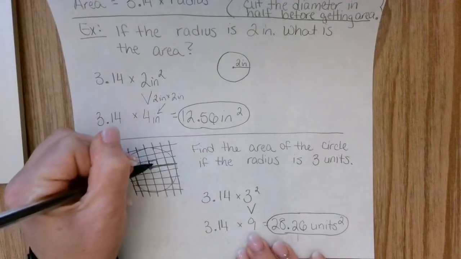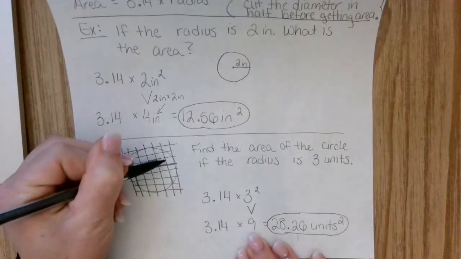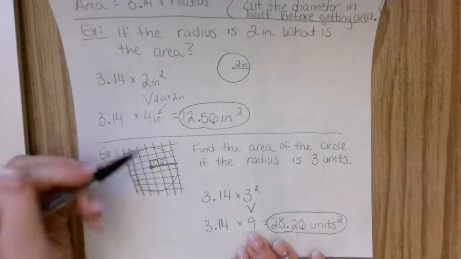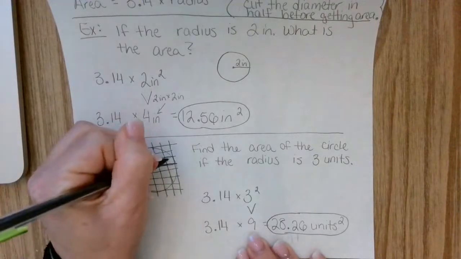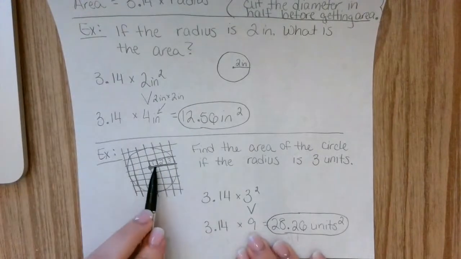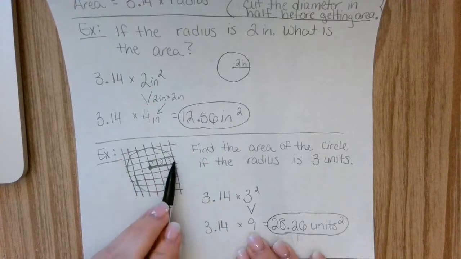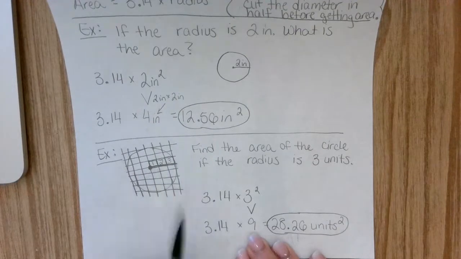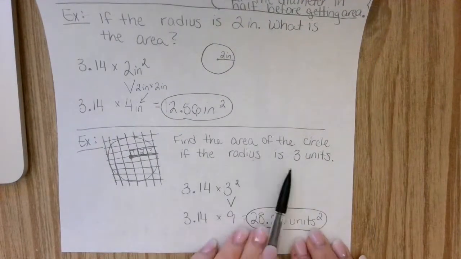From here to here is 1 box. Then from here to here is another box, so I'm going to put box 2. And then from here to the end of the circle is box 3. That's how I get 3 units from the middle to the outside of the circle. So my radius is 3 units.